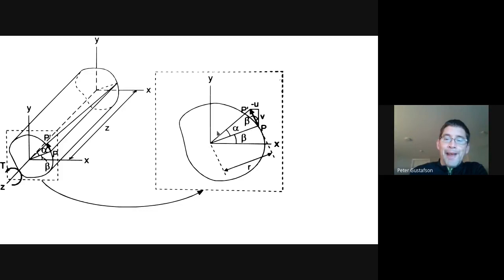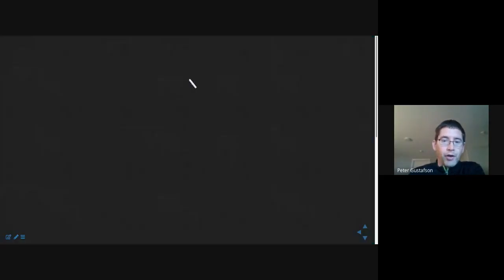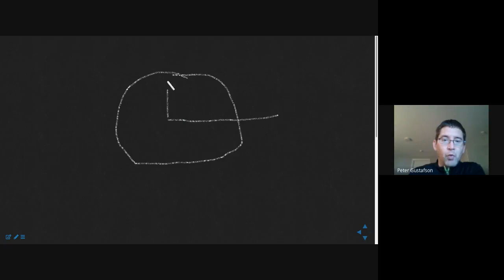Now, we can imagine if beta was 0, we'd be talking about a point out here at X. In fact, let me go back, and I'm going to redraw because I think this is a good thought experiment. Here's my arbitrary cross-section. Here's my X and Y axes. If my point were here and I swept through an angle, it would move this direction, and the initial component would be entirely vertical.